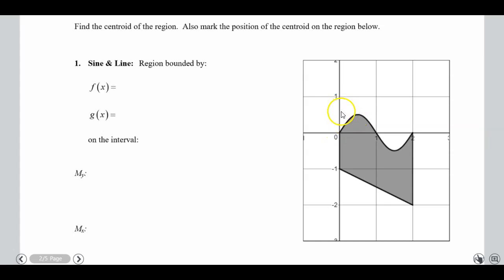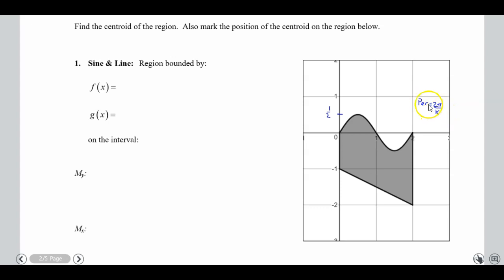So this sine function, we've got to manipulate a little bit. It looks like it has an amplitude of 1/2 right there. The period is 2, and just in case you've forgotten some of your trig, the period is 2 pi over k.